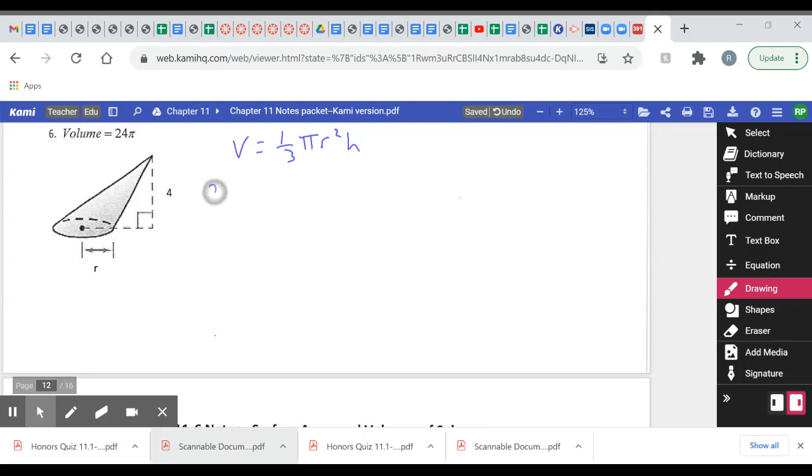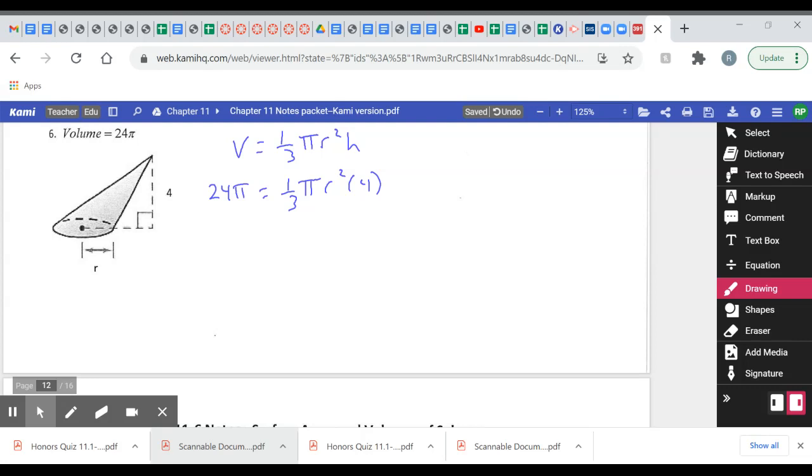So we know the volume is 24 pi. The radius is what we're looking for. And the height is 4, that right angle distance. So in this case, we basically are just trying to get r by itself. We're trying to get everything else to the other side.